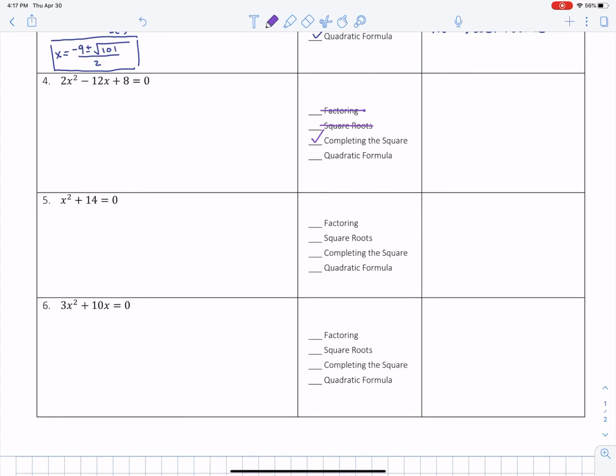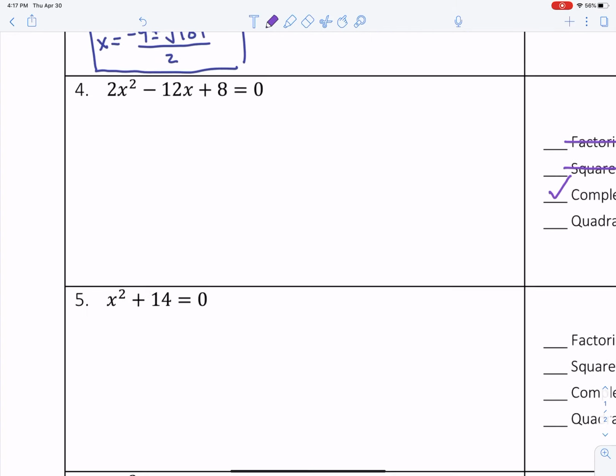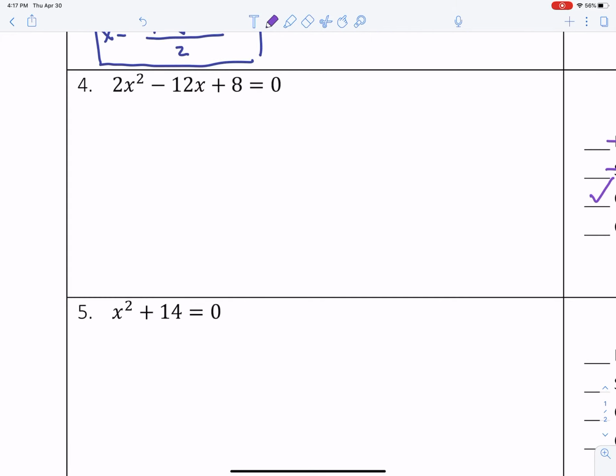The reason I can use completing the square is because I can make the leading coefficient 1 and the middle term is even. So that's what you're looking for when completing the square. It's my personal favorite, so I'm always looking for ones I can complete the square on.